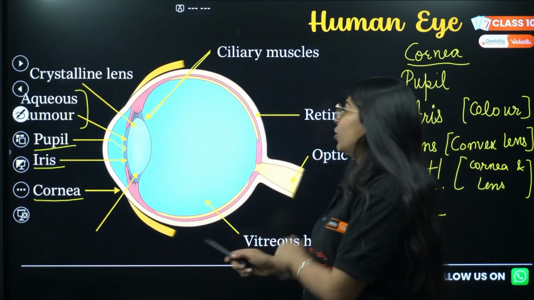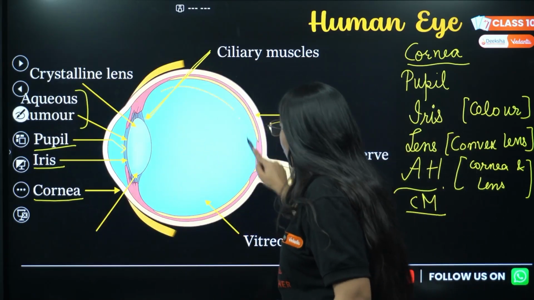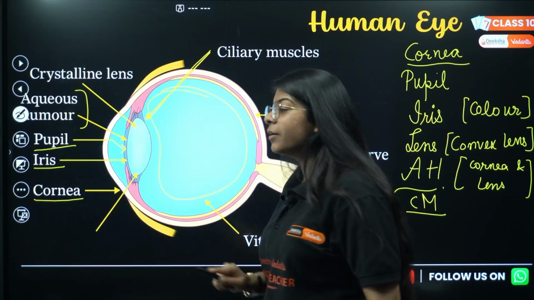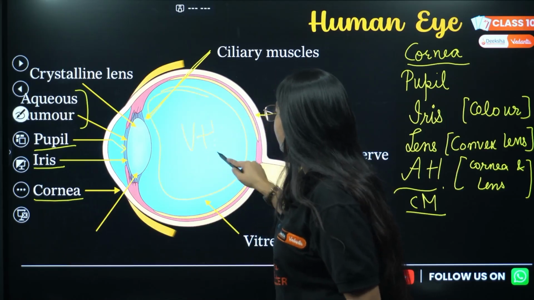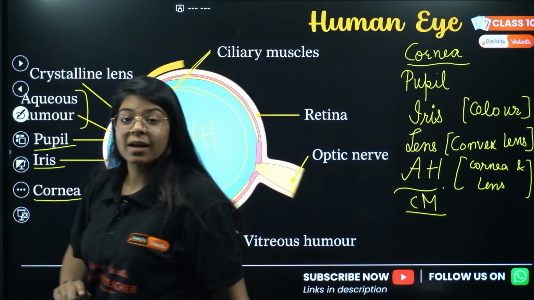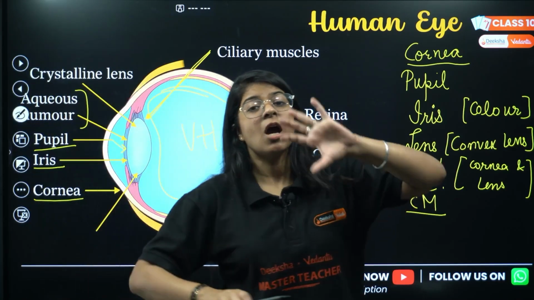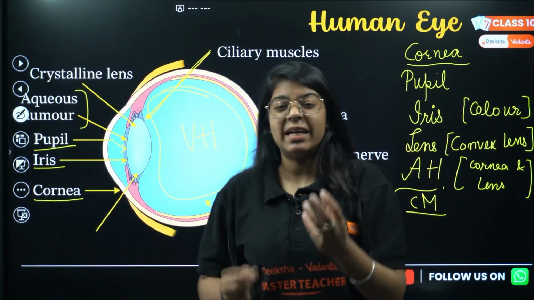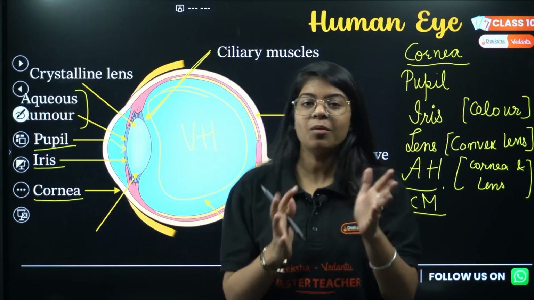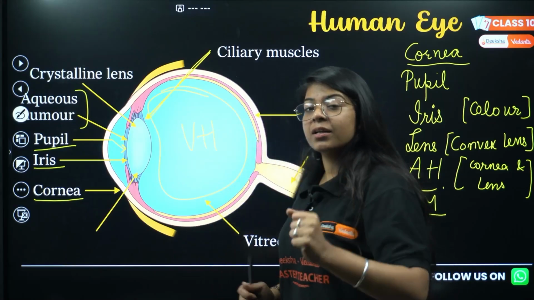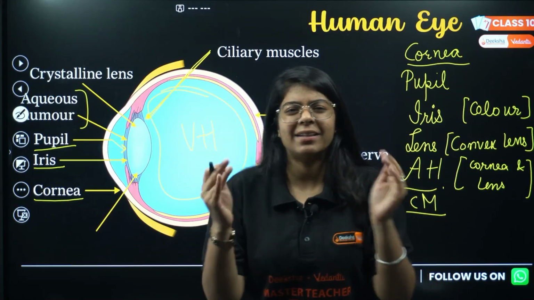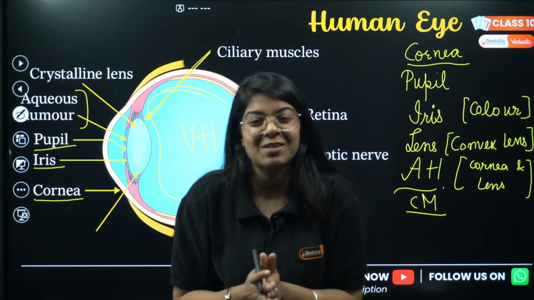Understood? Very good. Moving on, we have this whole part filled with vitreous humor. Vitreous humor basically helps us maintain the shape of our eye as a full ball. If vitreous humor is not there, the ball might squish, right?